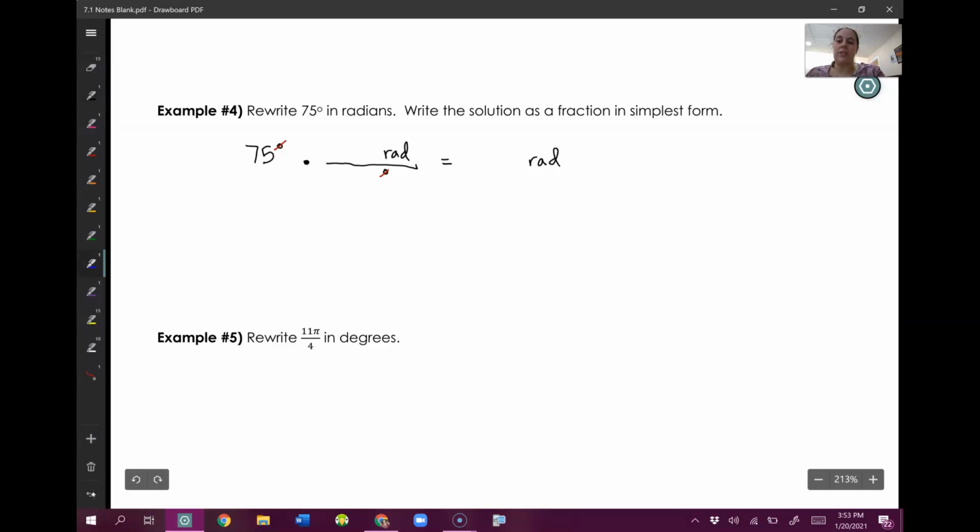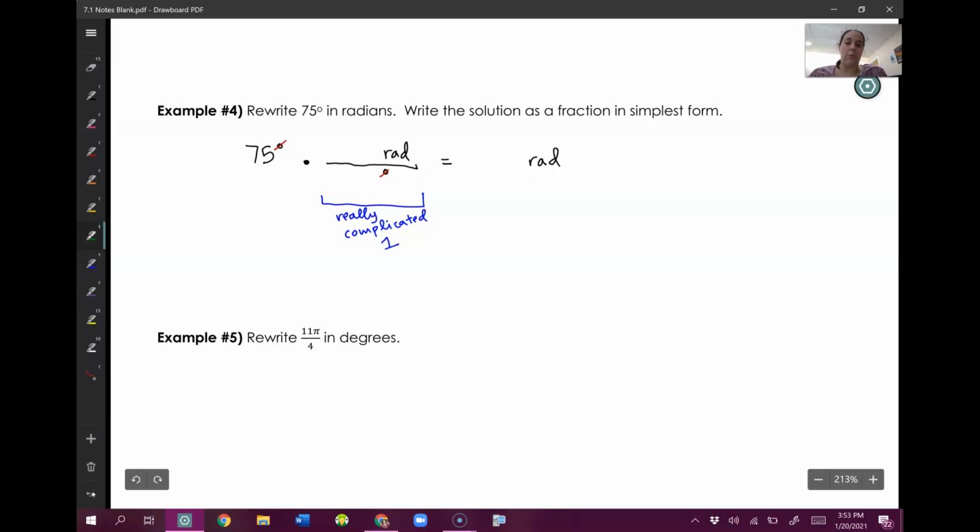What this fraction is going to be is basically a really complicated looking 1. Because I can multiply by 1 and it doesn't change anything. So I'm going to multiply by this really complicated looking 1, and I'm not changing it. It's still 75, but it's going to change it from degrees to radians.